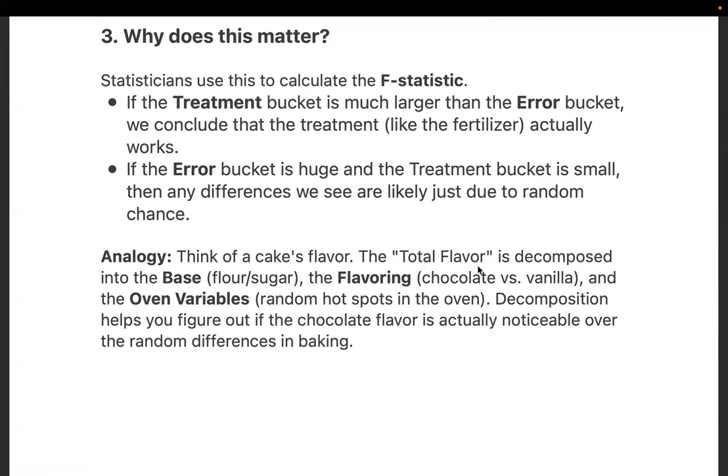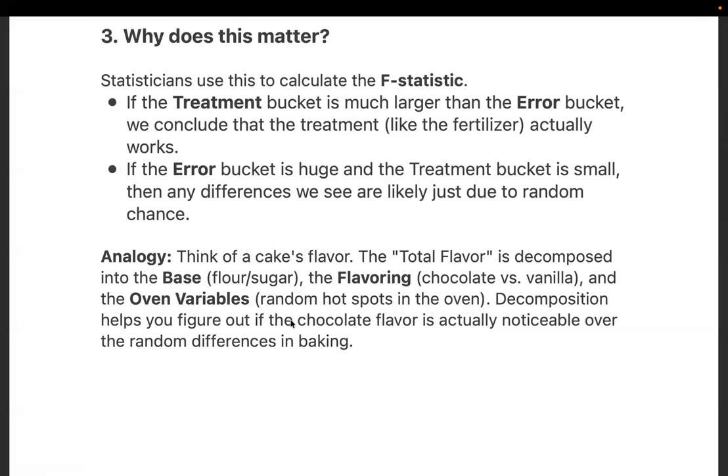It could be decomposed into the amount of flour and sugar they've used, that is the base. Then the flavor might come from the kind of flavoring, chocolate or vanilla. And it could also be due to differences in baking, oven variables.